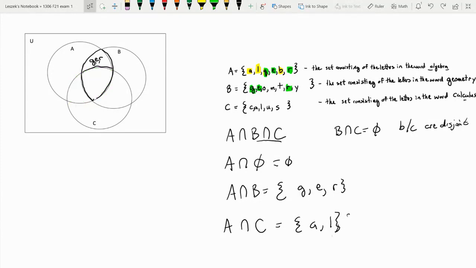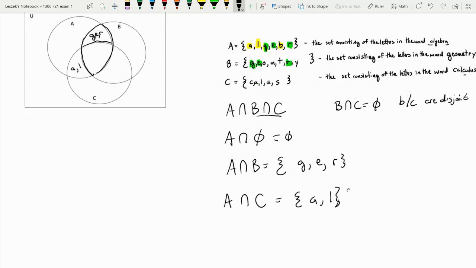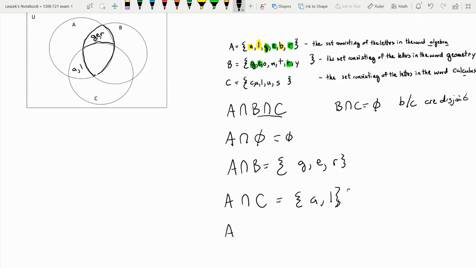So A and L have to belong to the intersection of A and C, but are not in B. Okay. And then the last pair, B and C. We're being silly, we already know that's empty. So there's nothing here.